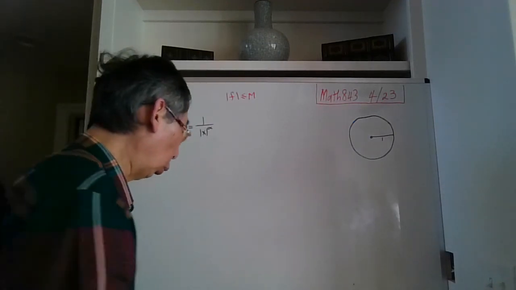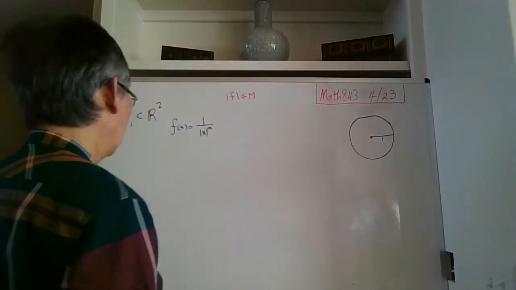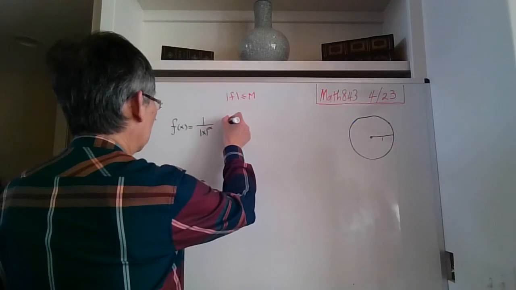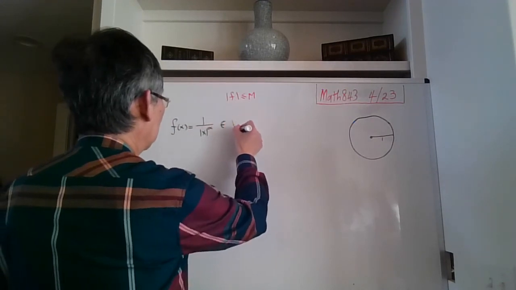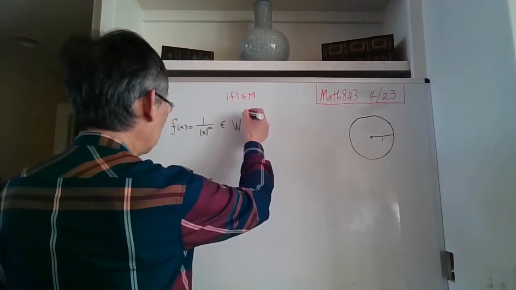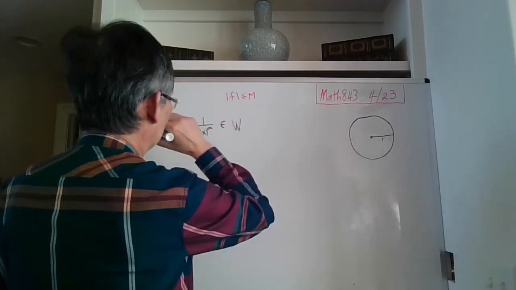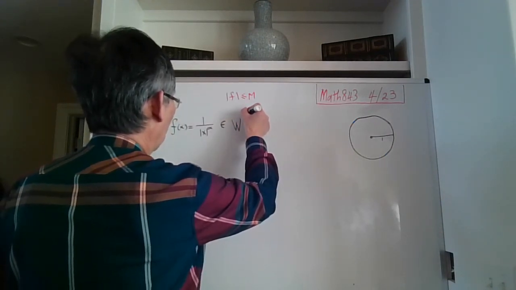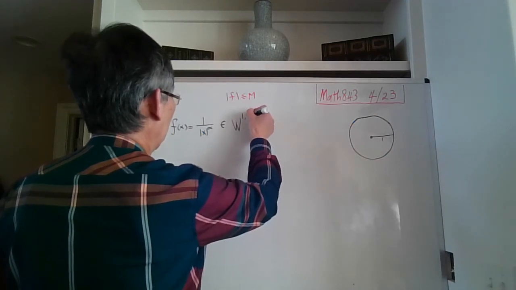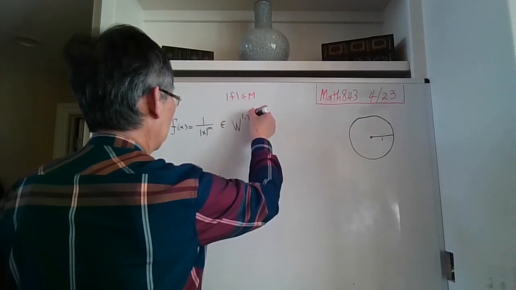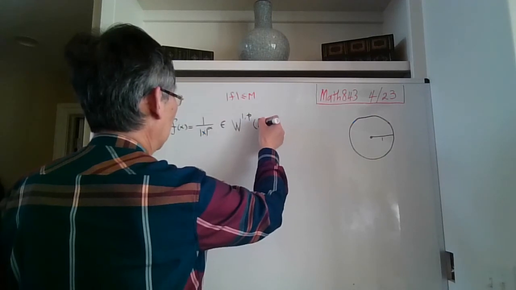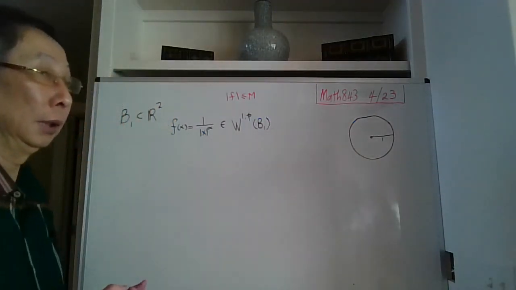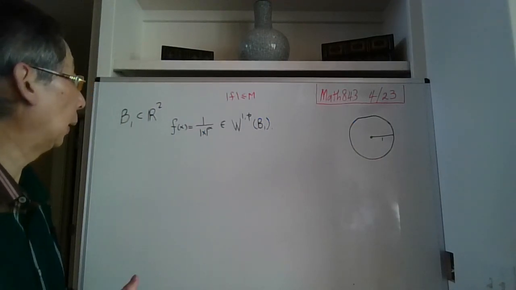And we don't just want to look at a weak derivative; we want to think about whether this function is in the W^{1,p} of U, where we think about the p-th power here.